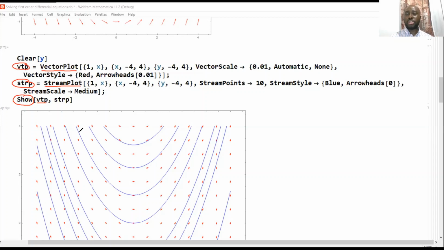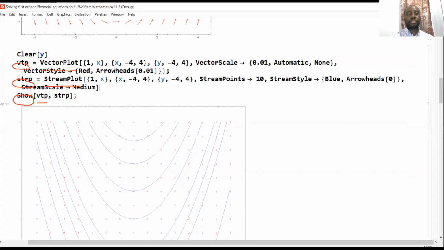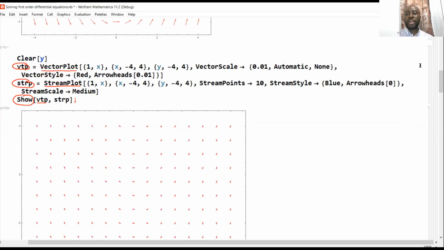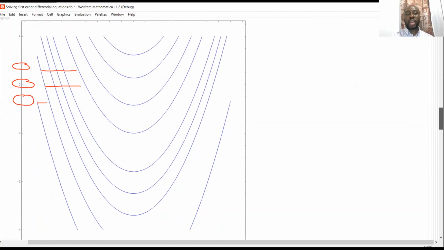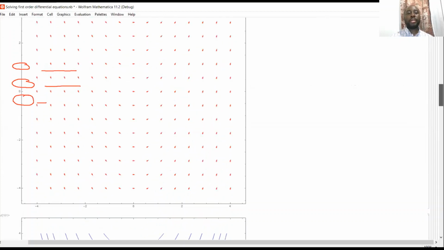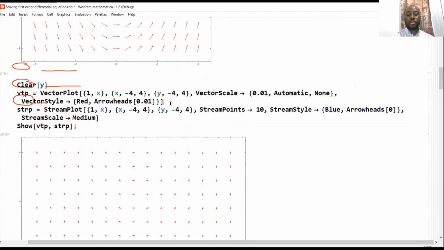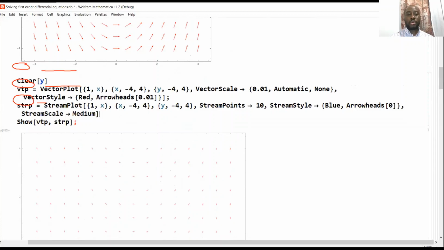That superimposes the two plots. If I don't use that option, it's going to show me two separate plots. It's first going to show me the slope field, and then it's going to show me the solution curves without a slope field. But my goal is to see both, and so I use Show to give me both.